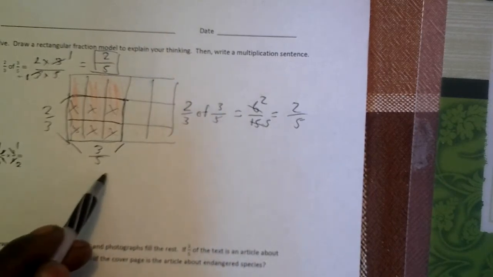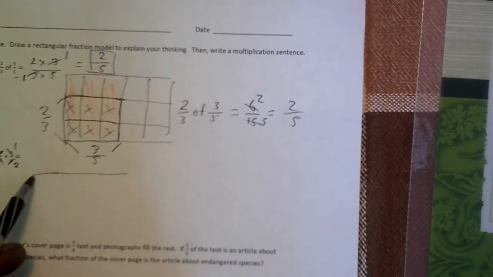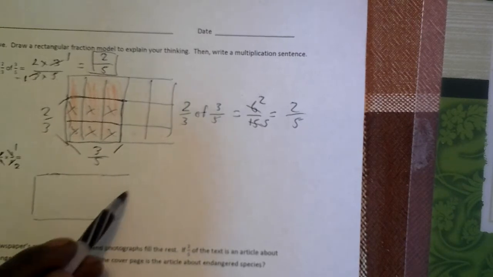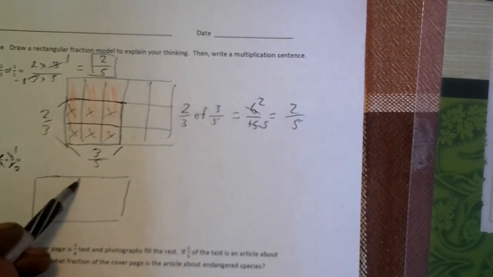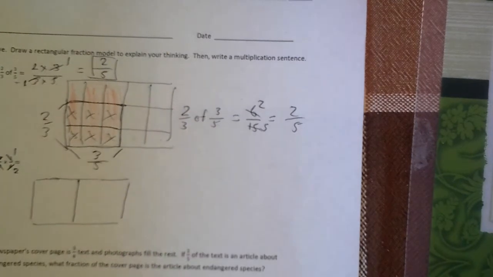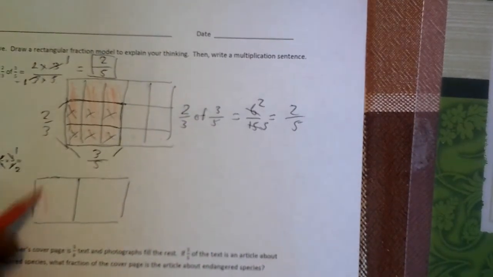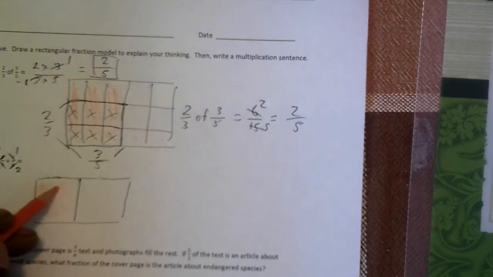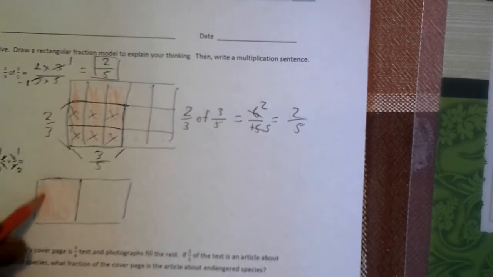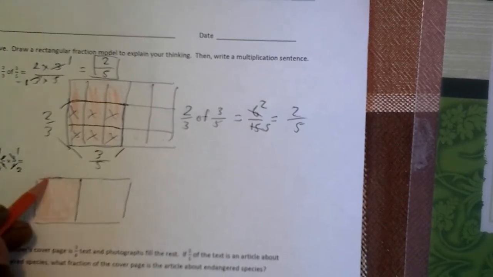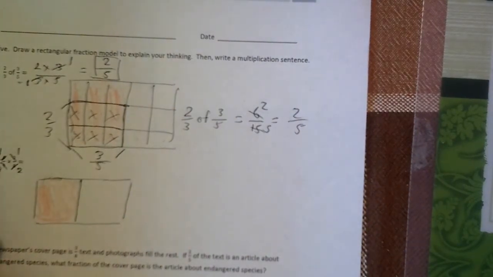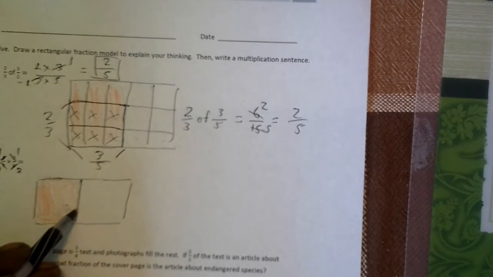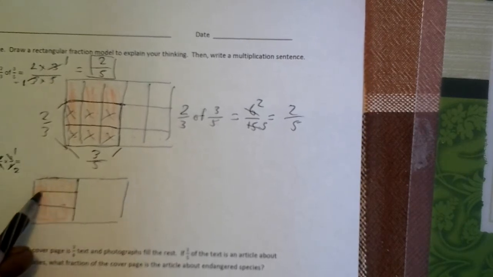So let's draw our box. We need the second number, so we split this in half. So let's color that. And we need 1/3, so let's split this into 3 pieces.